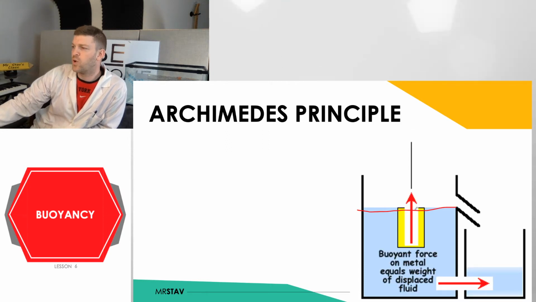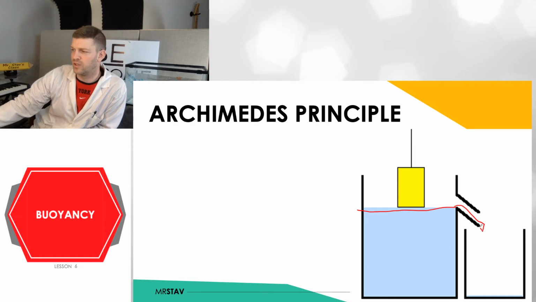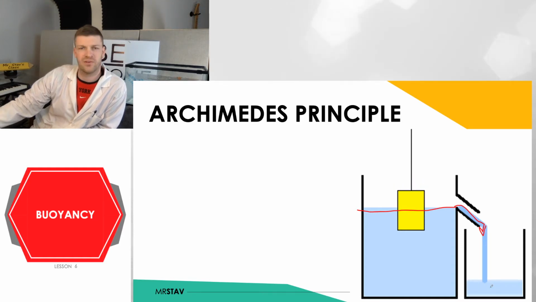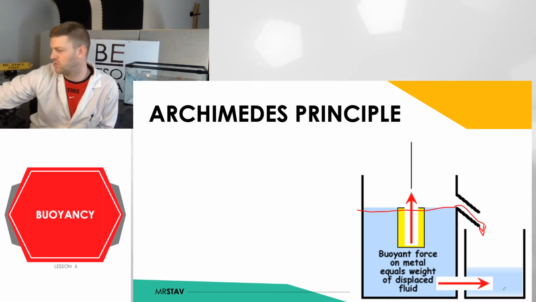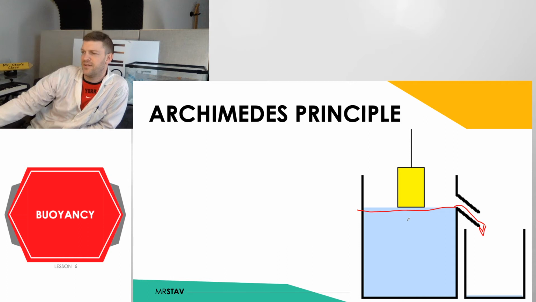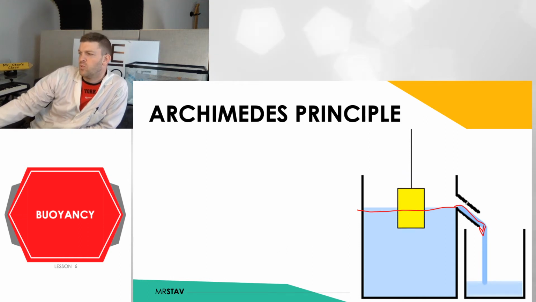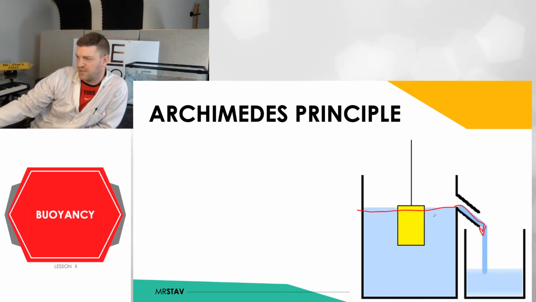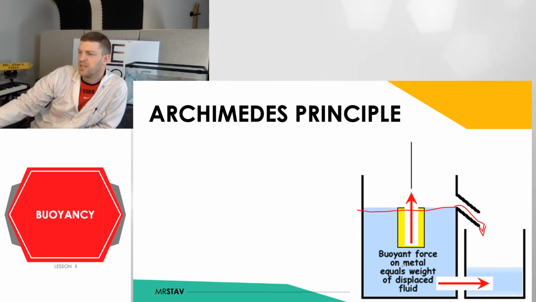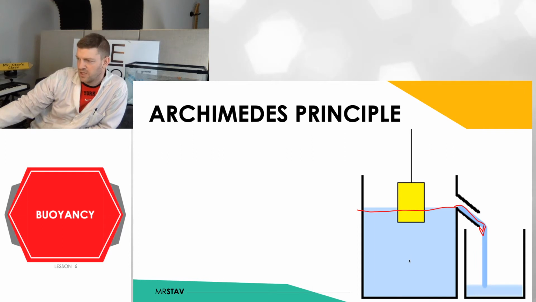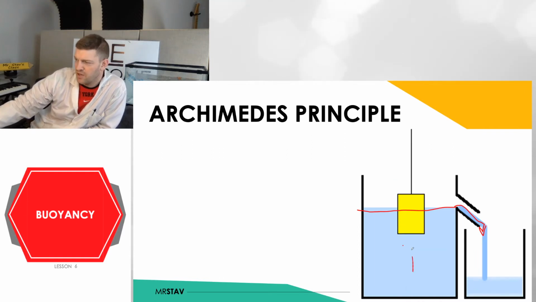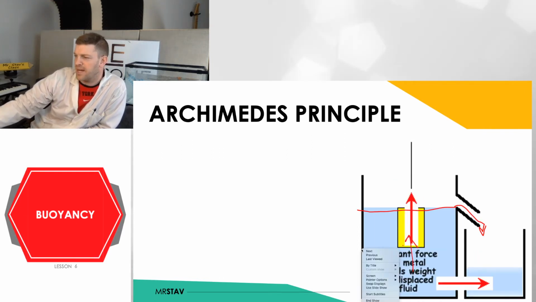So no matter what you put in, it's going to displace water and it's going to spill over into our reservoir. That's going to collect all that spillover water, the displaced water. So put the weight in, water gets pushed out, displaced, and we're going to stop. It says the buoyant force on the metal equals the weight. So remember, as it goes in, buoyancy is pushing back up.